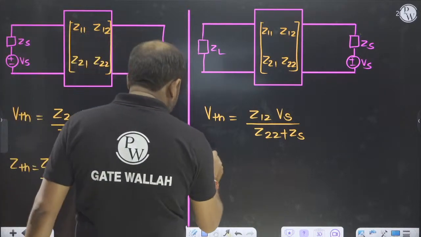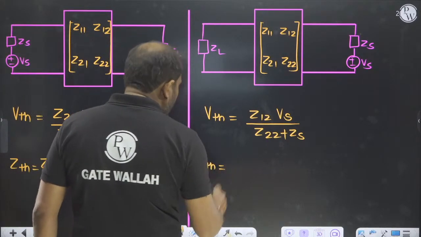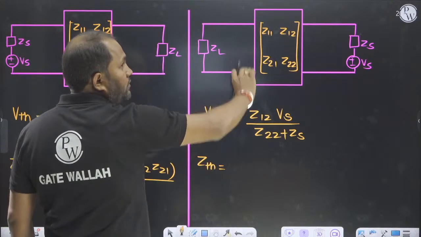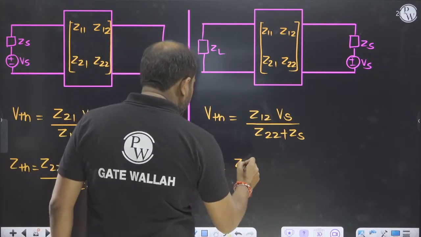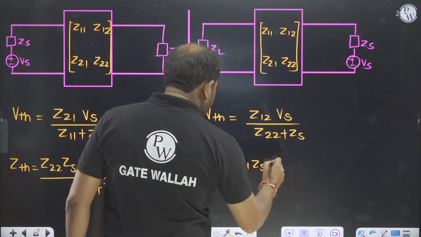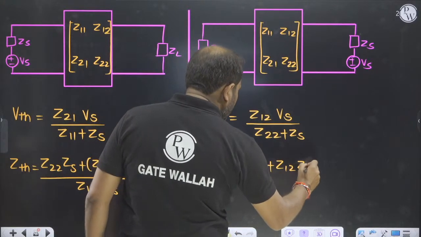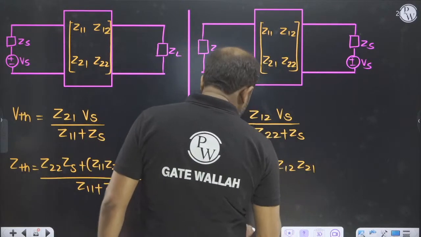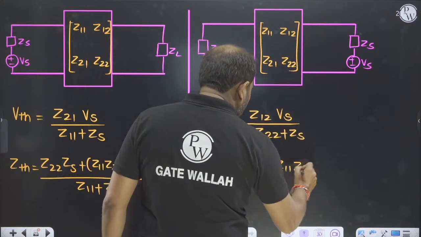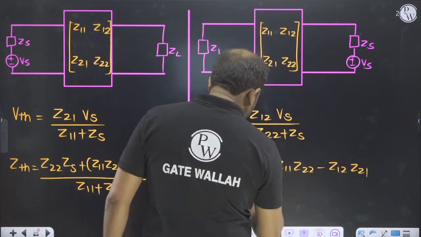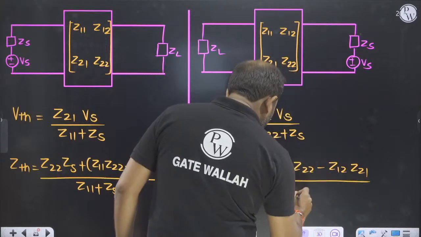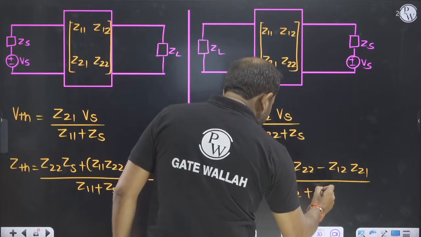And in this case, Zth is equal to Z11 Zs plus Z11 Z22 minus Z12 Z21, divided by Z22 plus Zs.